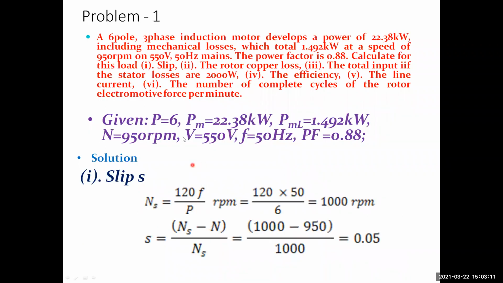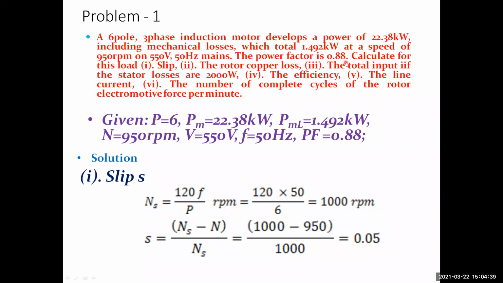Take this problem, all of you solve this problem. I will explain this one problem, and the remaining problems are assignment. Three problems are there. A 6-pole 3-phase induction motor develops a power of 22.38 kilowatts, including mechanical losses which total 1.492 kilowatts, at a speed of 950 rpm on 550 volts, 50 Hz.